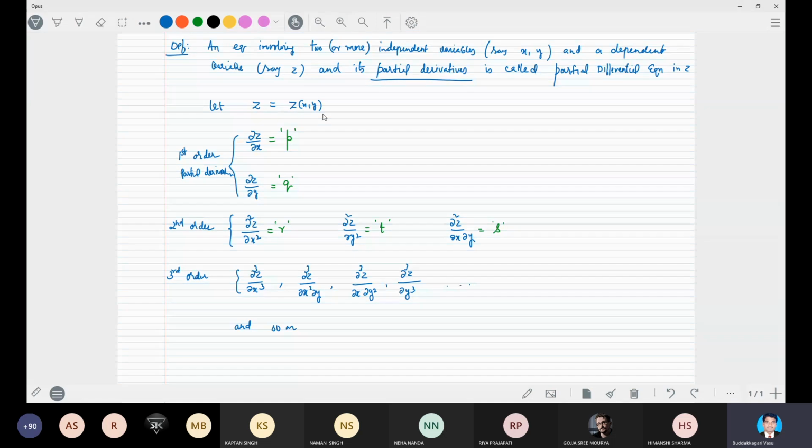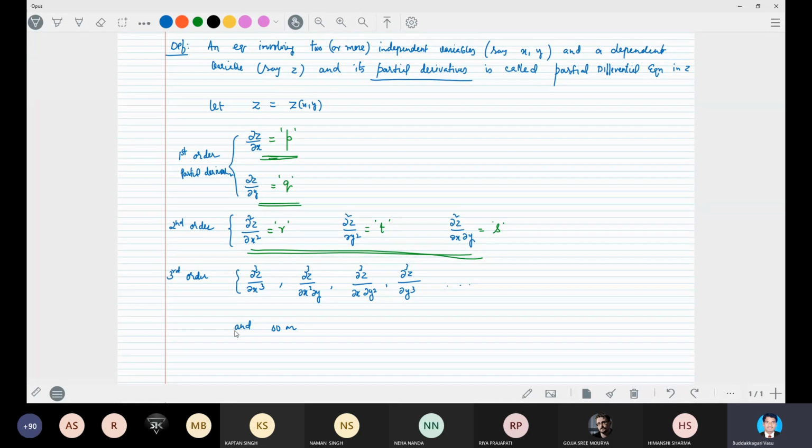Second order derivatives are denoted by r, s, t. While writing equations, it is not necessary to write the whole ∂z/∂x, we can write p. Mind it. These standard notations are given only up to first and second order, but not for higher order derivatives.